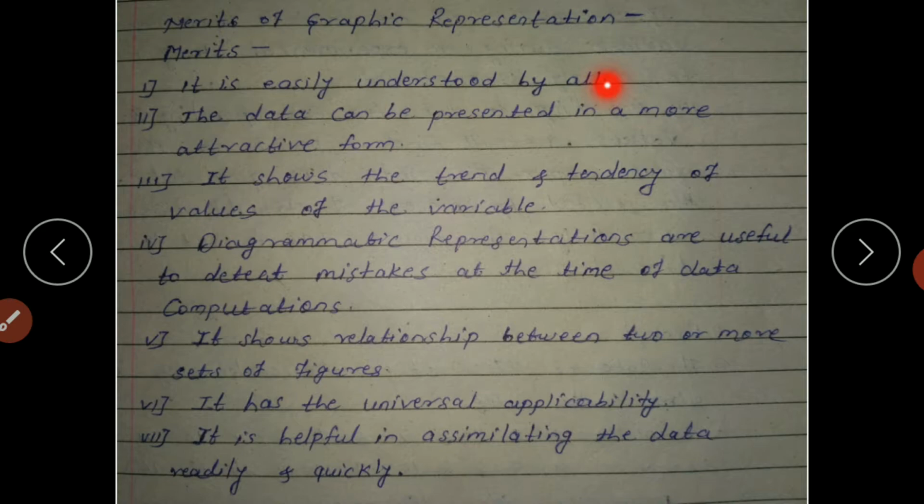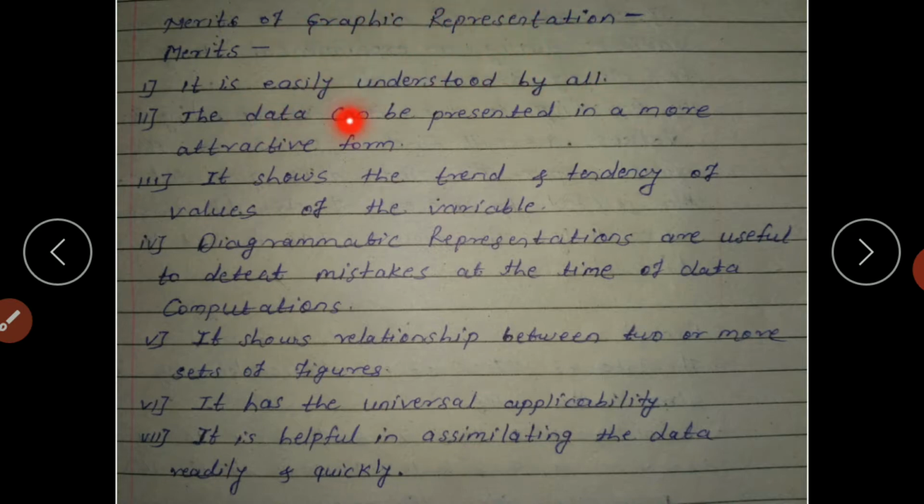Our grouped data information is in a very large amount, and when we put this information in the form of diagrammatic representation, it may be a histogram or any other diagrammatic representation, it makes it easy to understand all the information. That's why it is easily understood by all.